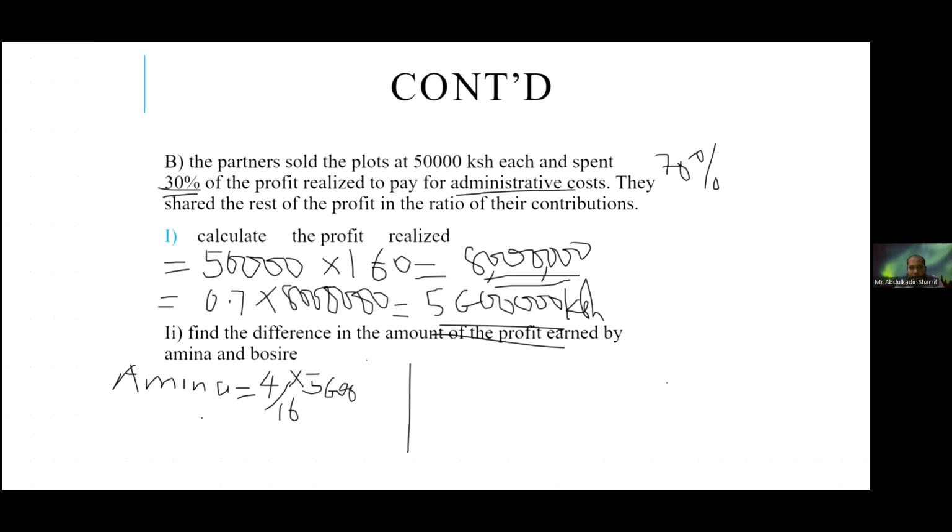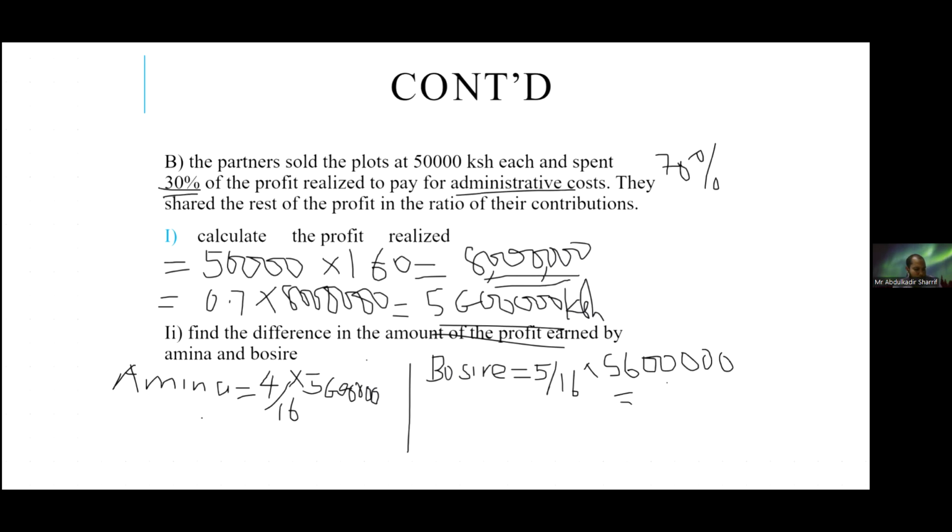And Bosire having 5, I'll take 5 out of 16, so times 5,600,000.